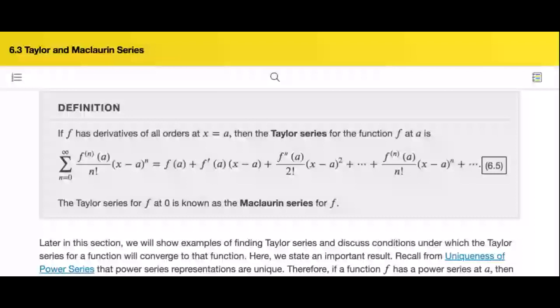So the definition of Taylor's series is this. If f has derivatives of all orders at x equals a. I don't know if you have ever learned the term called smooth.